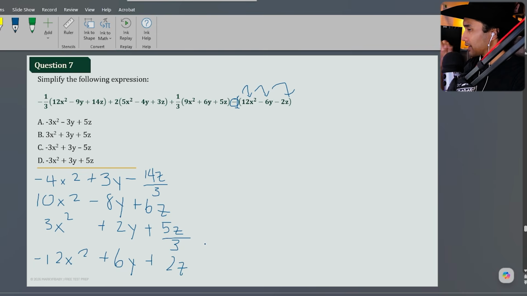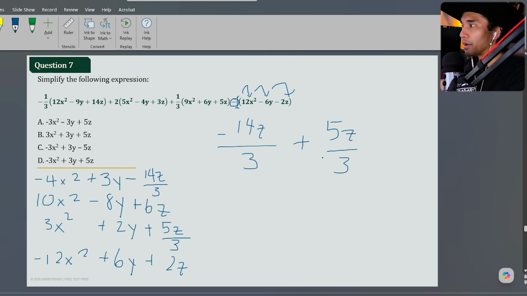Okay? Now, before we start combining like terms, let's go deal with this fraction. We have negative 14z over 3, and we have positive 5z over 3. The beauty of this fraction is we already have a common denominator, so we don't need to multiply anything. We just add.